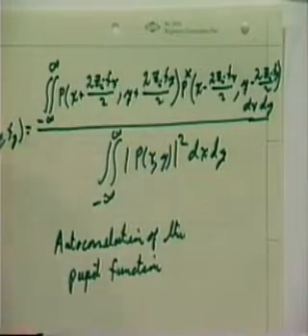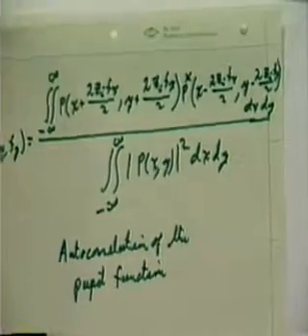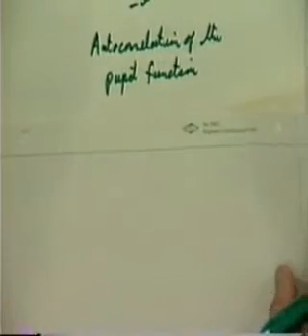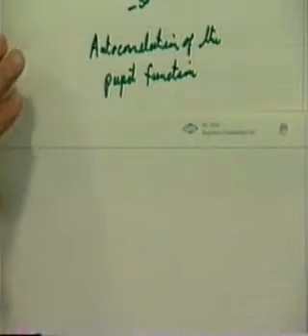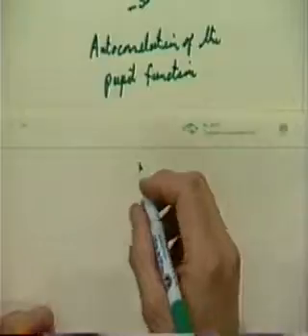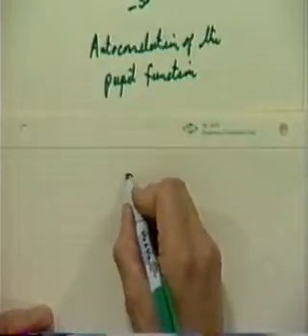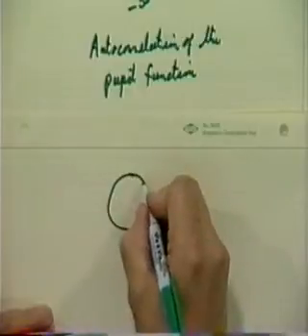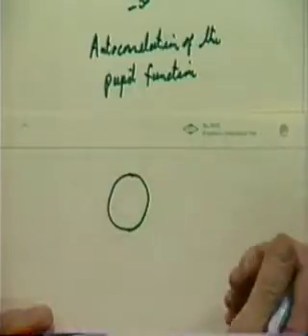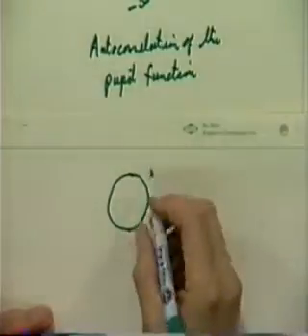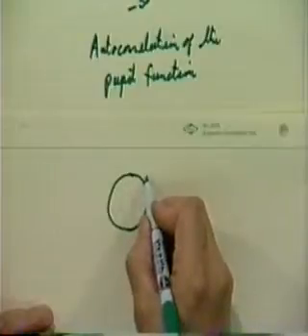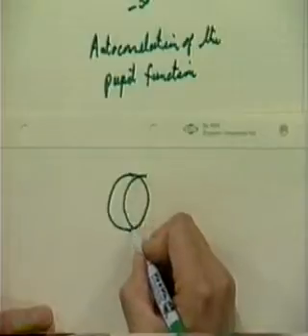Goodman seems to like square apertures, but I like circular apertures myself. So if we have the pupil function here, that's our circular aperture. We're taking the autocorrelation of that, so I'll just take the same thing and shift it sideways.